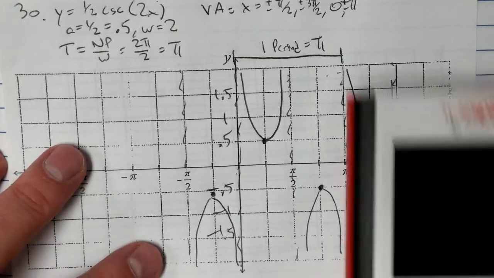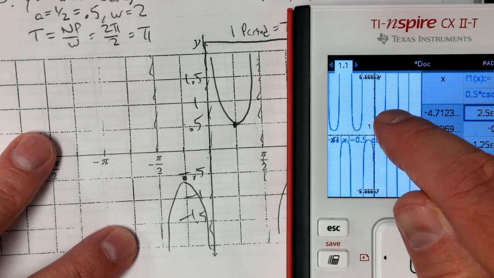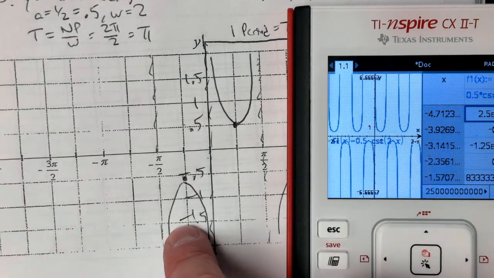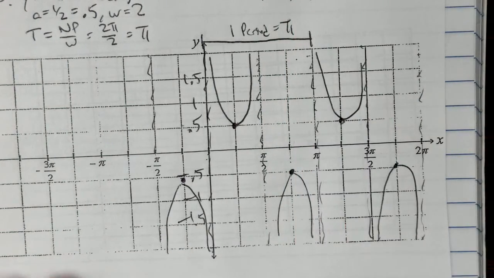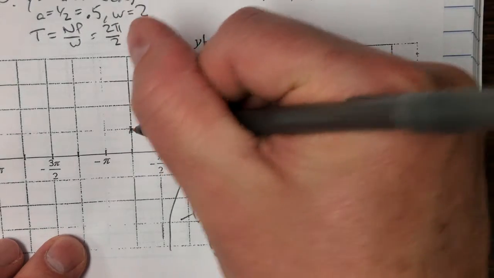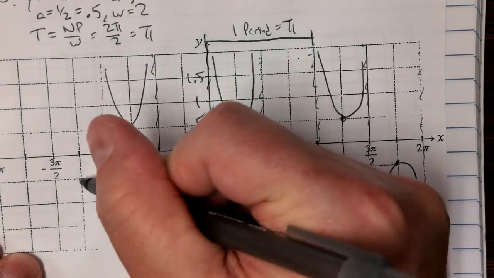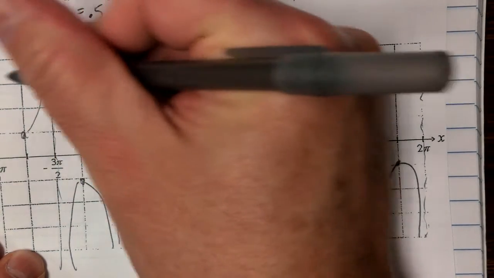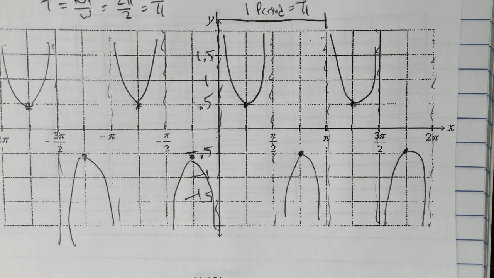Well, how I look at it is on the graph, to the right of the origin is up, and to the left of the origin is down. And then you just have your repeating pattern. So this one would be up, and so forth. This one would be down, and then this one would be up. So you just have a repeating pattern.